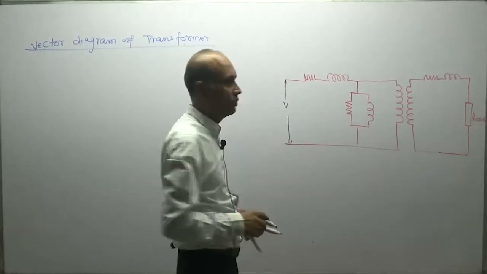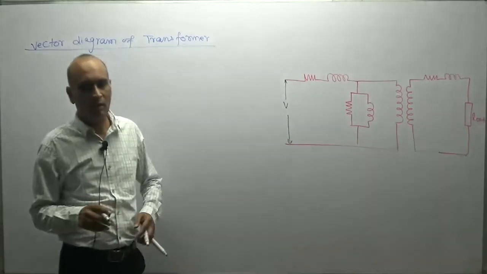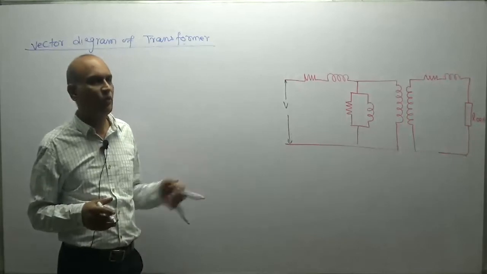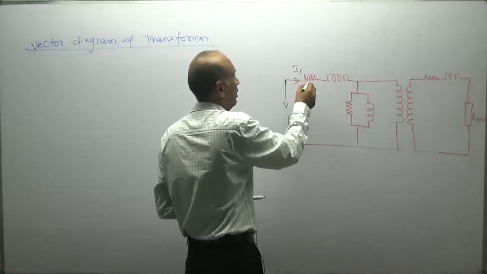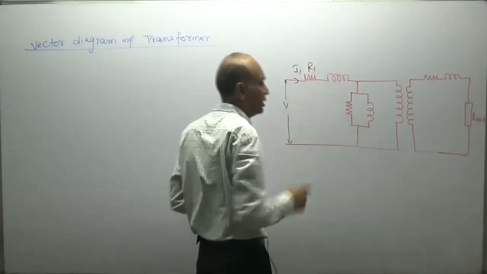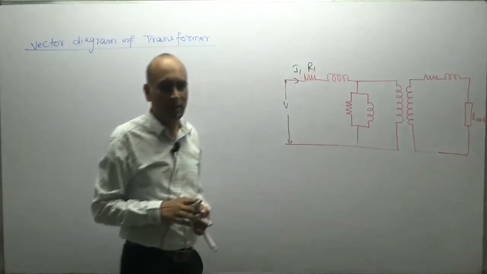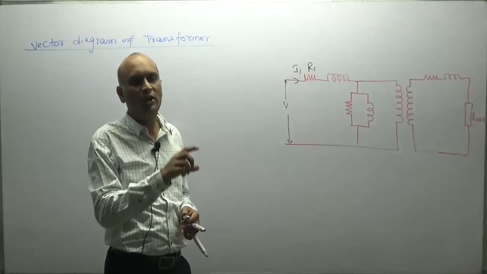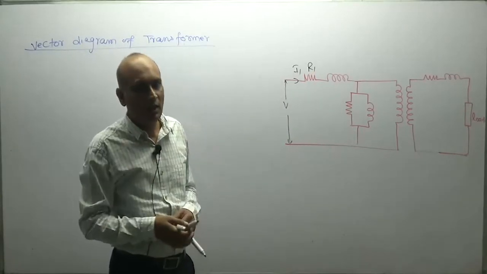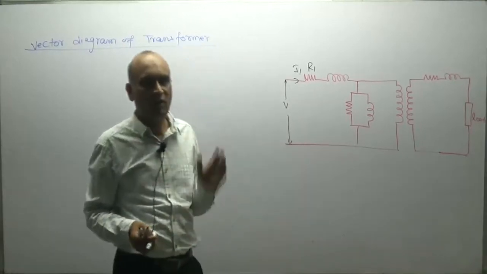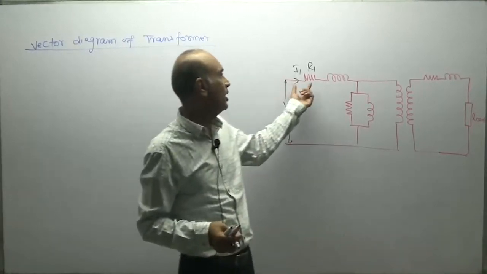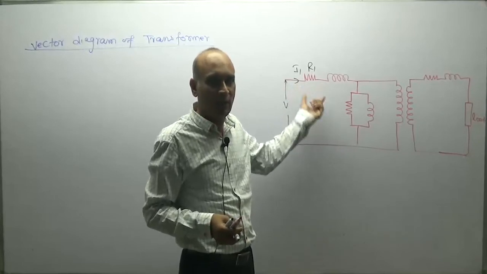So it is the equivalent circuit of transformer. It is one of the basic equivalent circuits. It is the primary side current. It is the resistance of copper winding, which is uniformly distributed in the whole wire. It is not placed at one point, but for calculation purposes we make it lumped at one place.